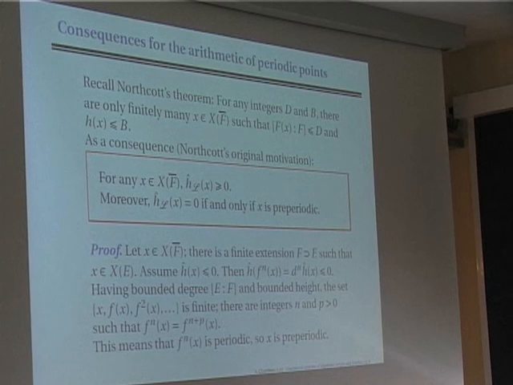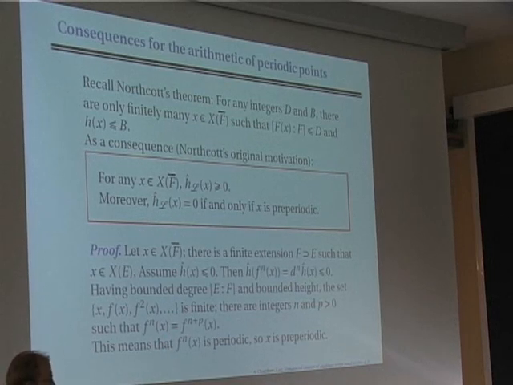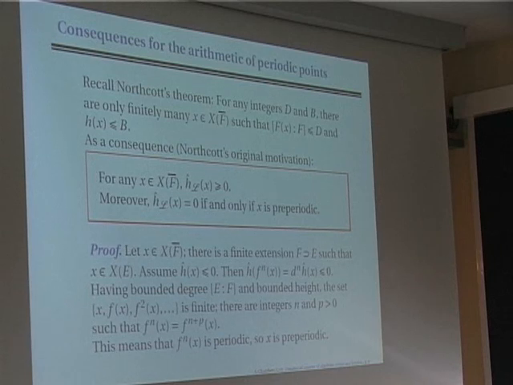And Northcott's theorem implies that the set x, f of x, f squared of x, and so on, the set of iterates, is finite. So this means that there are two integers n and p with p positive, such that f^n of x equals f^(n+p) of x. So f^n of x is periodic and x is pre-periodic. Pre-periodic means that some iterate is periodic.